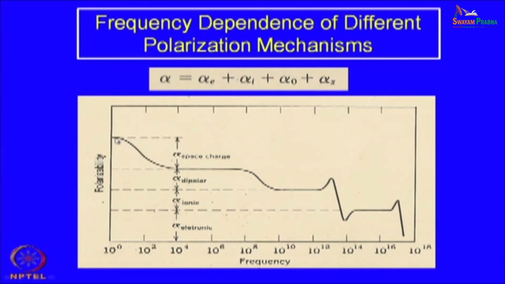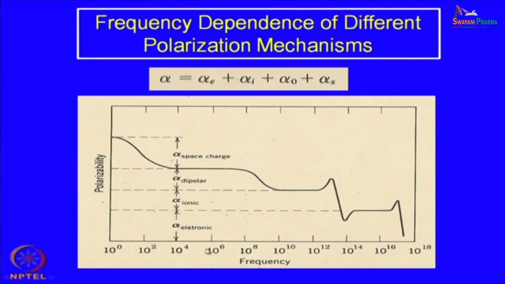At this low frequency, all the 4 mechanisms are operative, including the electronic, ionic, dipolar or orientation polarization, and the space charge polarization. So, if the frequency is very low, all the 4 are operative, and the dielectric constant as well as the polarization is much larger.